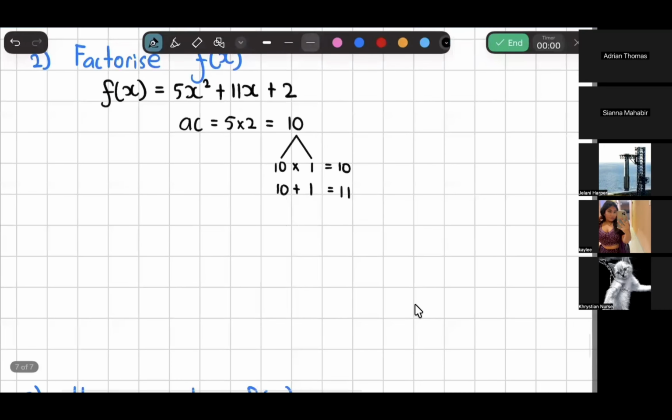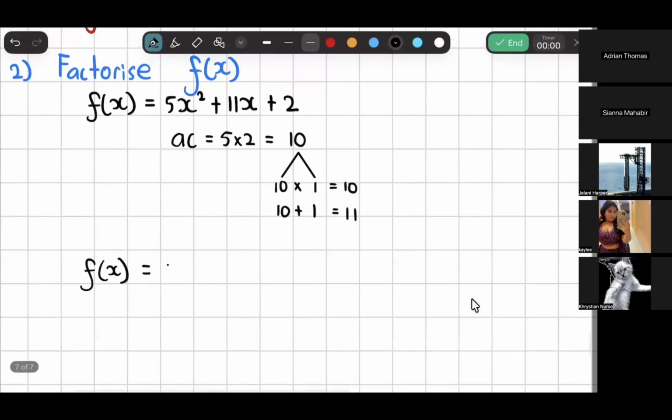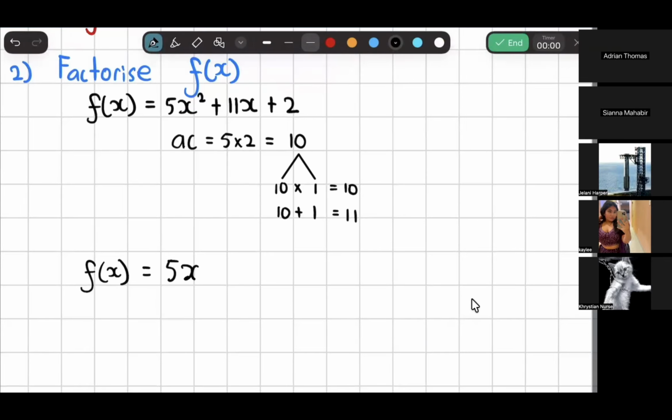Okay, what next? So then you put back 5x squared plus... Oh, wait. You figure this out.